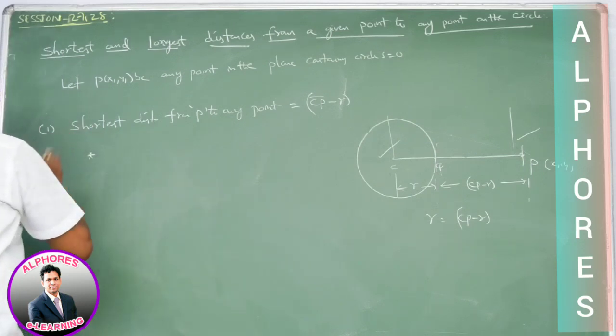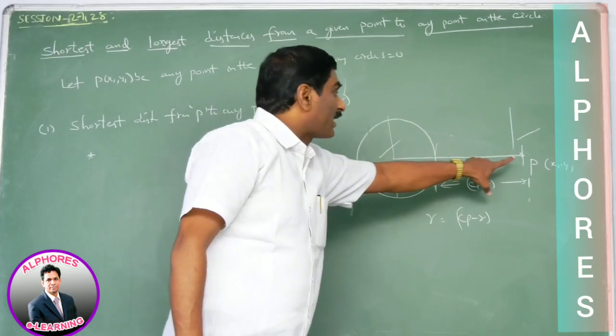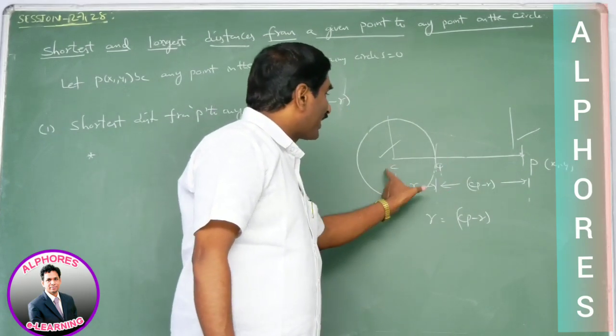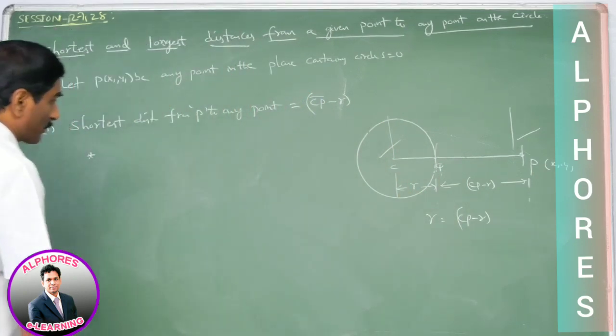At the same time, if Q is the point on the circle which is nearer to P, then Q divides the line segment CP in the ratio R to CP minus R. Please note this point.